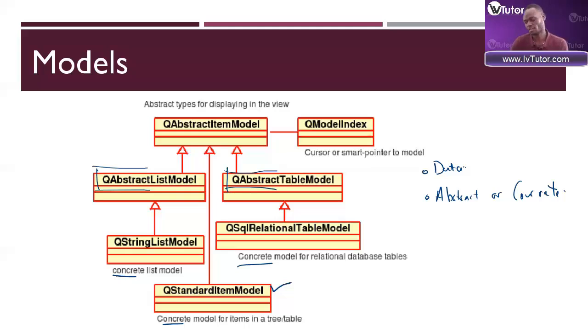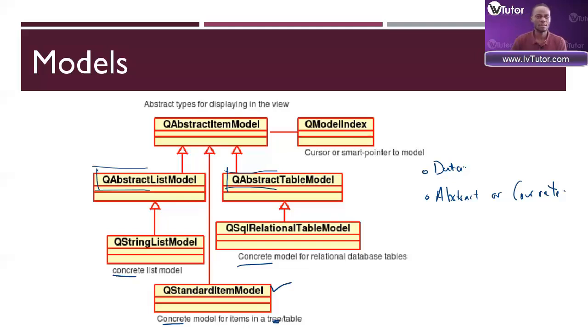When you talk about hierarchical data, that's your tree, if you want a tree view. Otherwise, we've got other models that are not sitting in this diagram, like a QFileSystemModel. It's not here, and you can also use that for a tree. But basically, these are the basic classes that you need to understand when we talk about models. You must be able to differentiate these classes in terms of the type of data they're meant for and whether they're concrete or abstract.